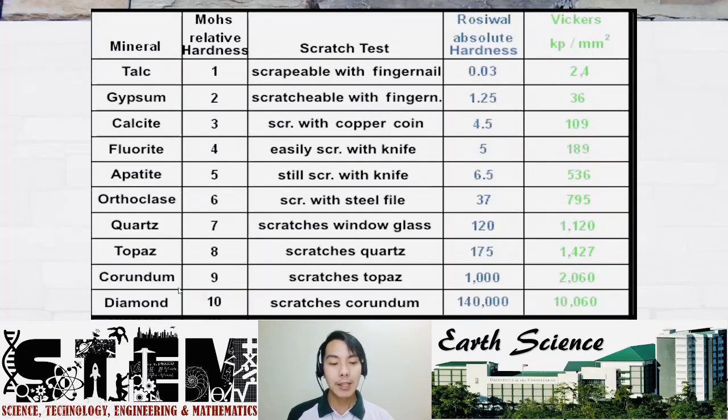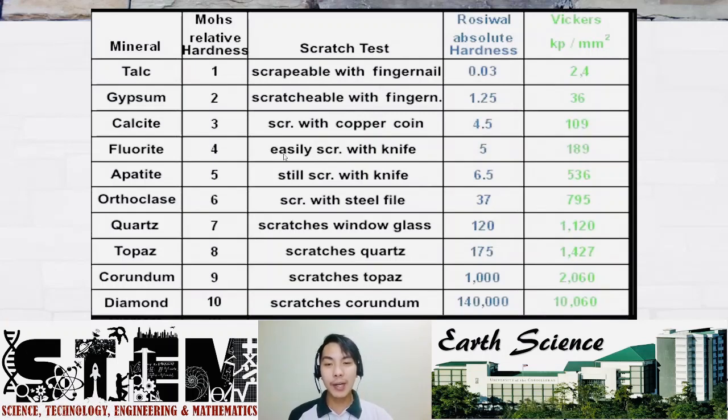Now you will see here that the Mohs scale is quite subjective. What do I mean when I say subjective? For example, we are going to consider number 4 and number 5. Number 4 is easily scraped by a knife, and number 5 is still scraped with a knife. So we do not have a concrete definition of easy.